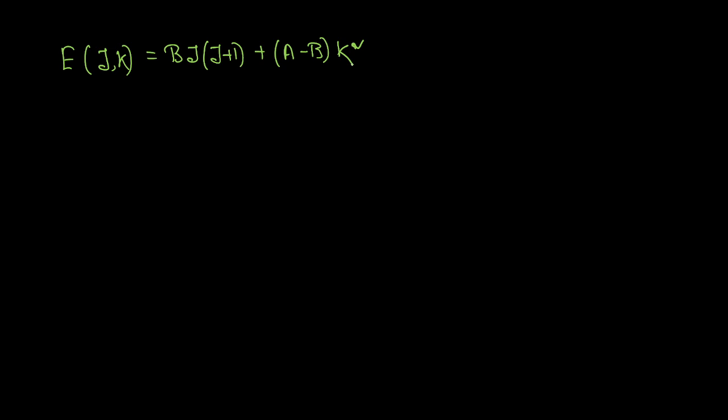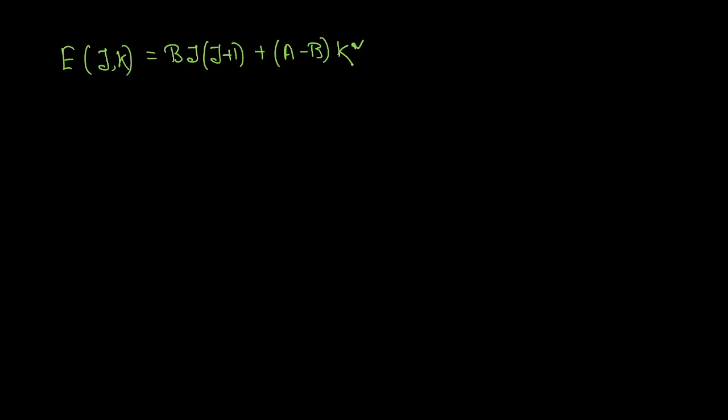So we need another quantum number to describe the rotational motion. Therefore K is incorporated, also a quantum number, which denotes the projection along the J axis.